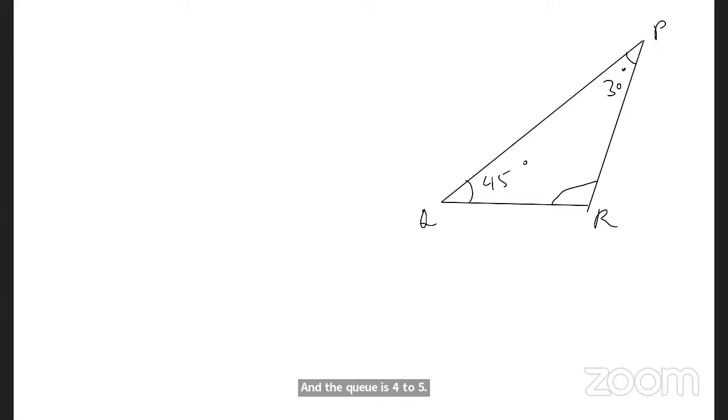Question is, if in triangle PQR, angle P equals 30. Do we need to draw the literal measurements? Yes, we have to draw the literal measurements.